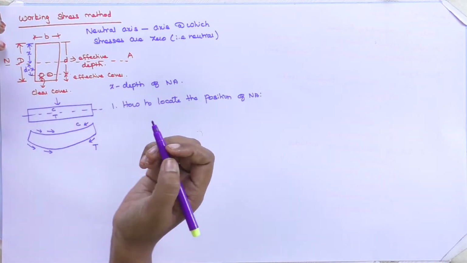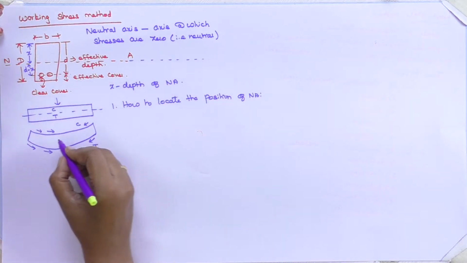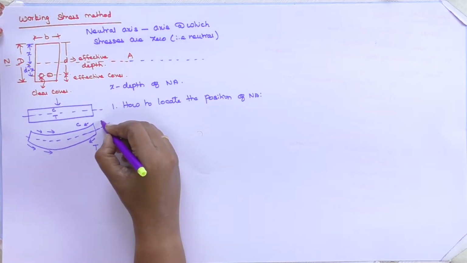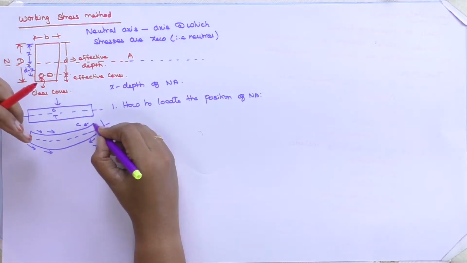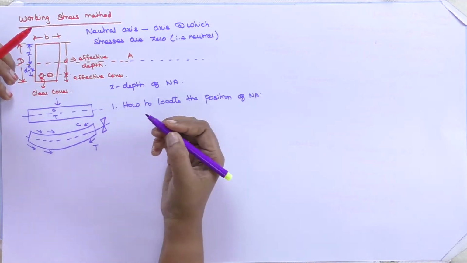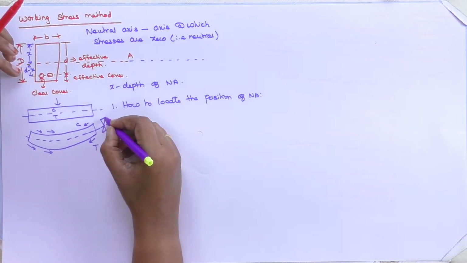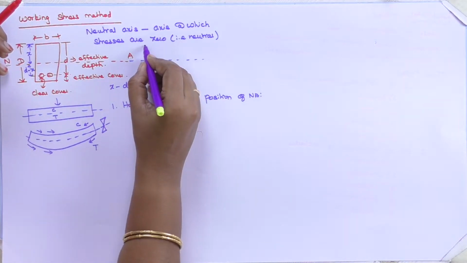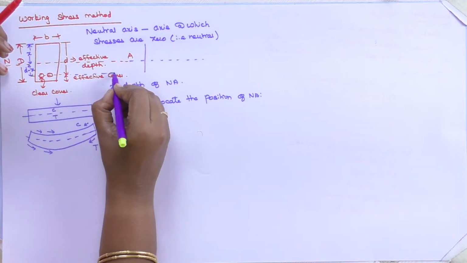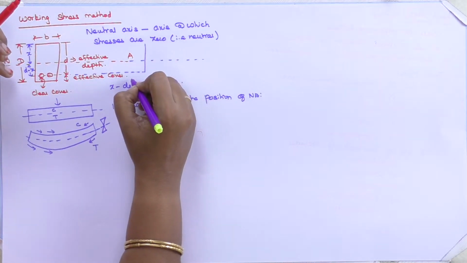d minus x. If I draw the stress strain diagram of this concrete, when it is subjected to compression, this will be like that. The stress strain diagram I can draw in this same fashion here till only at the level of steel, not till the bottom. We are not interested in getting the stresses at the bottom.